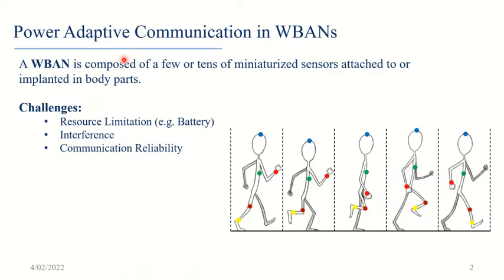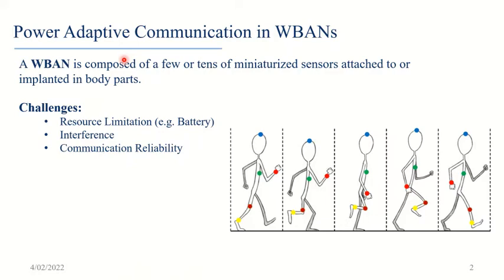Another challenge is interference. Well, you see, in a small size network as large as a human body, there might be a couple of sensors attached and communicating with each other, so the network is very dense. Other than that, body networks are expected to operate in dense areas like hospitals, where many patients might be wearing such wearable networks and walking around.